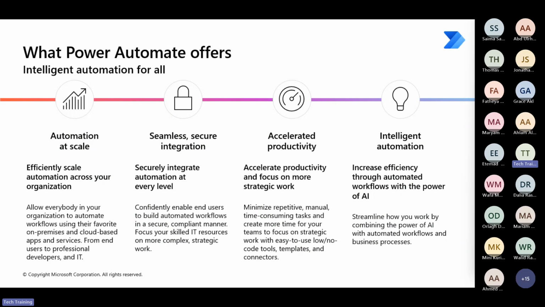We can just simply create an automation in order to have seamless, secure integration, and also we can accelerate productivity, and the final result is an intelligent automation. So the automation saves time, does repetitive tasks, and maybe sometimes does a lot more than that.